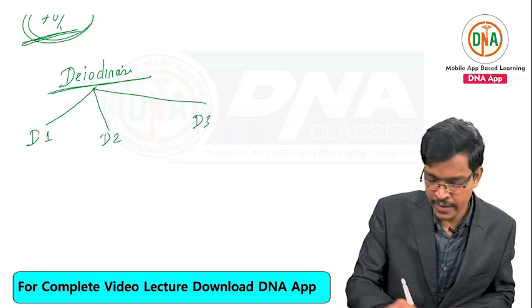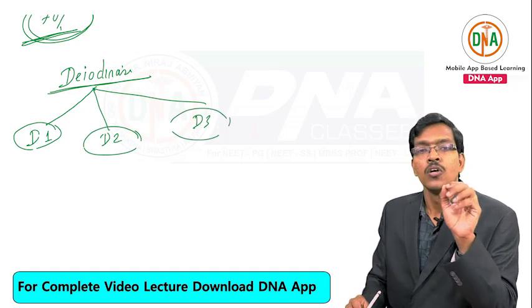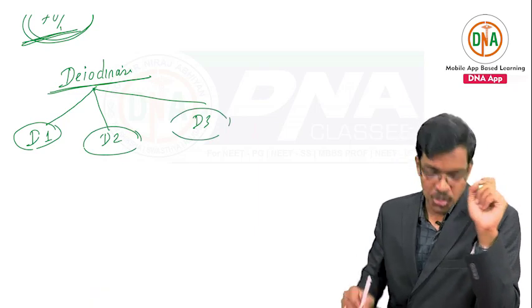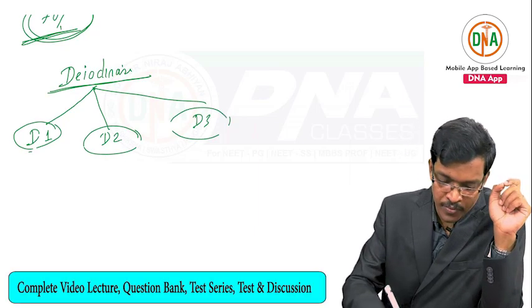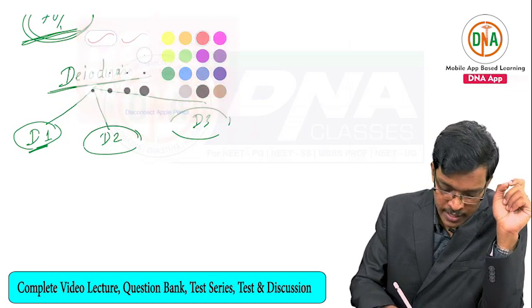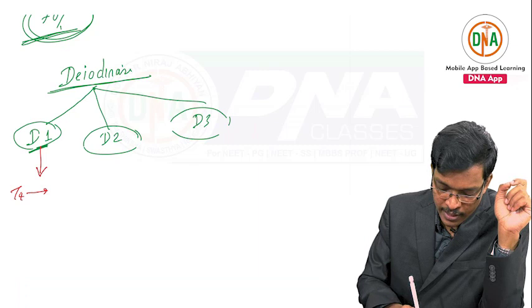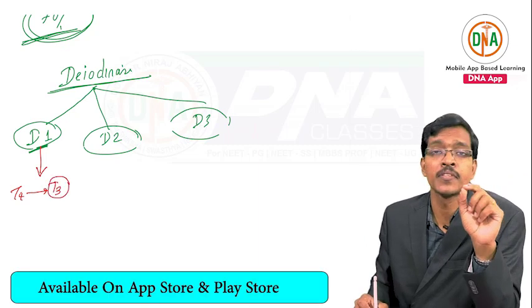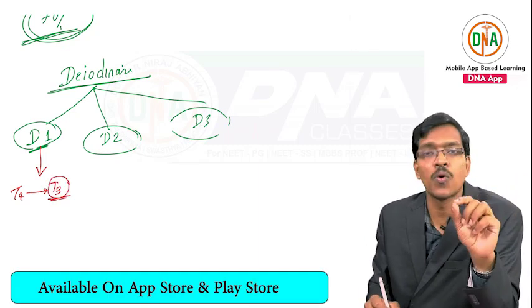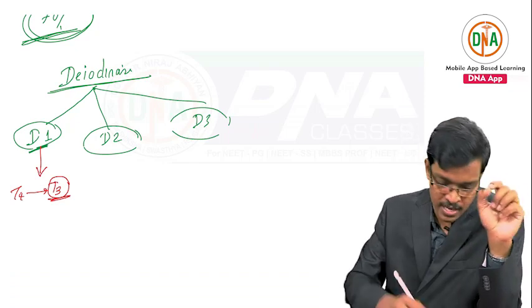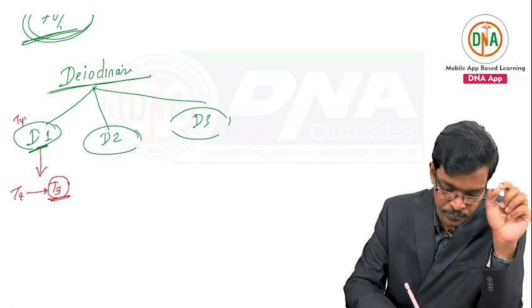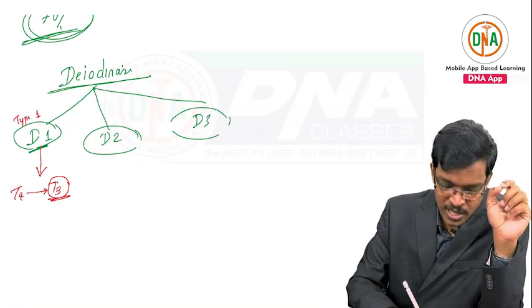What are the important points I will highlight here? Most of the T3 you get in the bloodstream is with the help of D1. So D1, type 1 deiodinase, is the main source of T3 in the circulation, and type 1 is also the most abundant form.